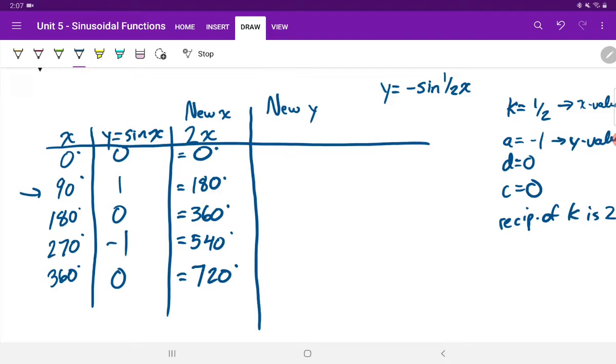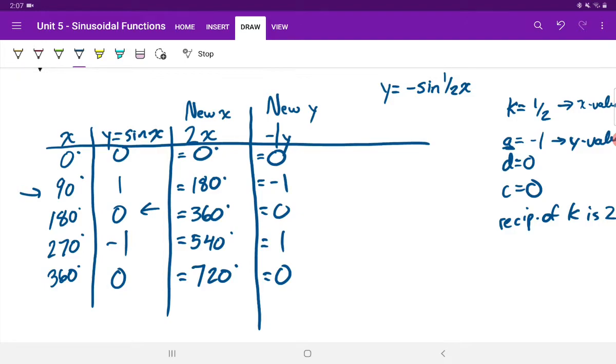We're going to take our a, and it gets multiplied by our y's, so multiplied by all of these values here. So it's going to be -1 times y, all my y's. So -1 times 0 is 0. -1 times 1 is -1, then 0, +1, and 0. So you can see this is getting reflected across the x-axis.